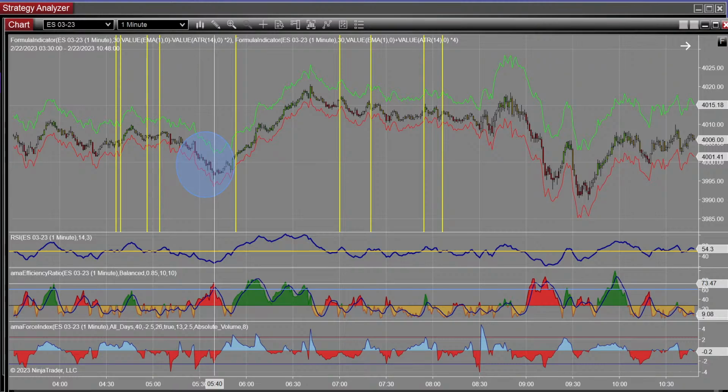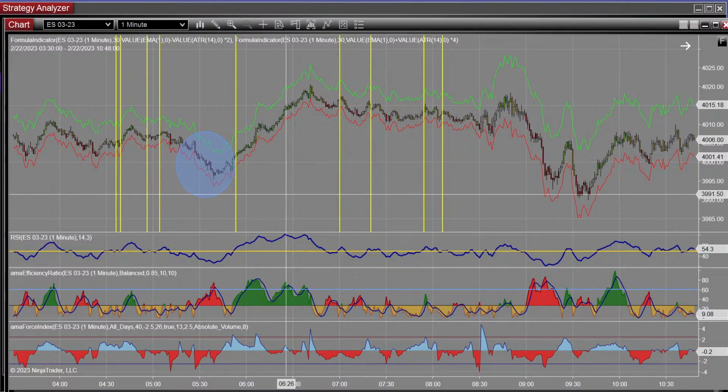Then we'll look for the RSI to cross above 50. But what else do you guys see? It doesn't have to be the indicators we already have on the chart. If you're just looking at price action, then we can quantify something different.